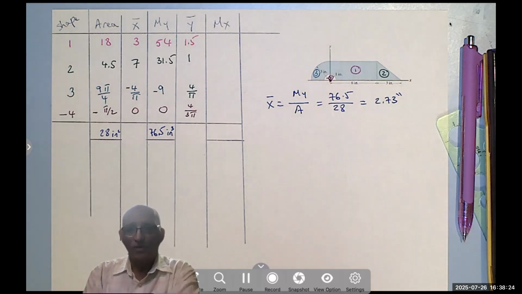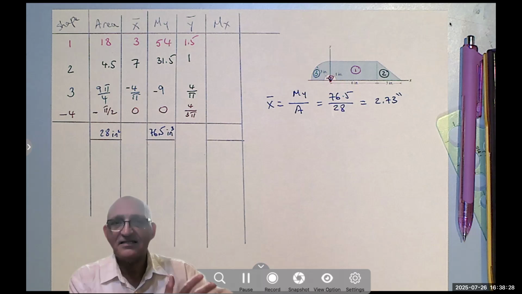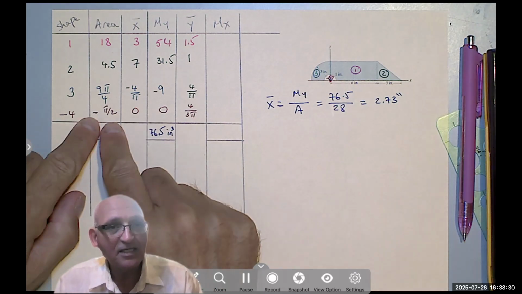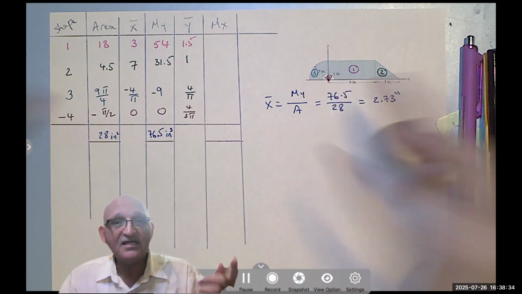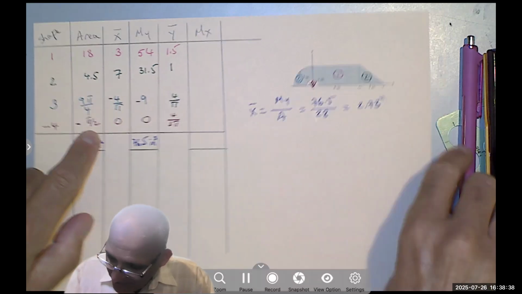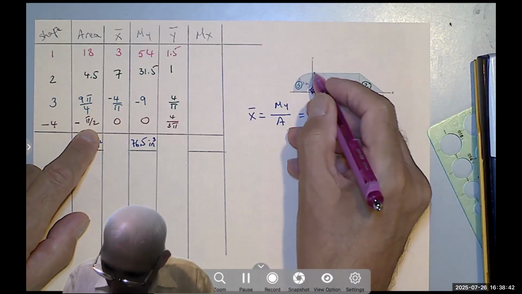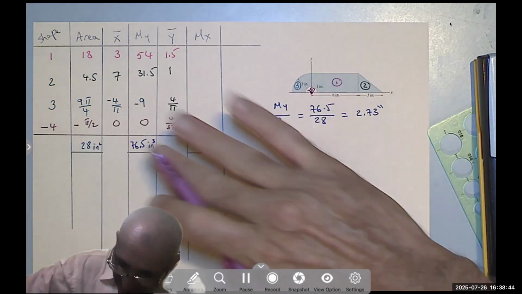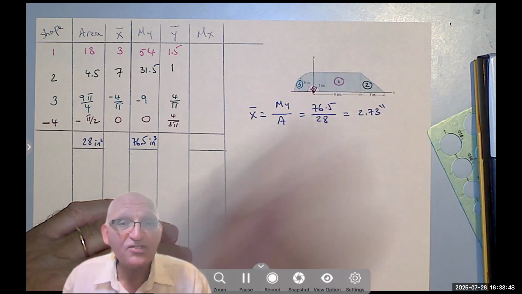You say, no, no, no. We cut the circle, so it's negative. I say, yes, the area is negative. We already wrote that. But the centroid is positive. If you write it negative, the negative and the negative cancel each other, and it's as if you did a rectangle and a triangle and a quadrant, and then you added another plate here in the shape of a semicircle.